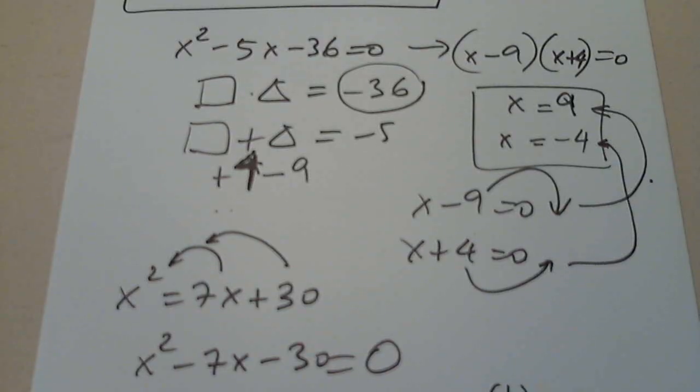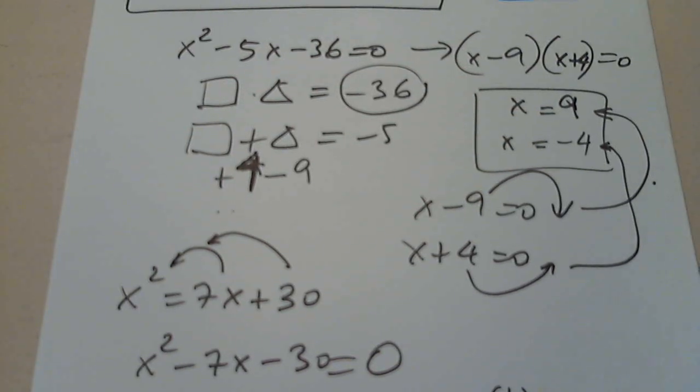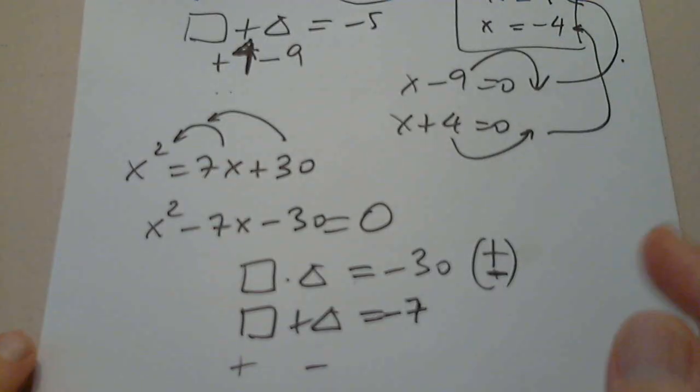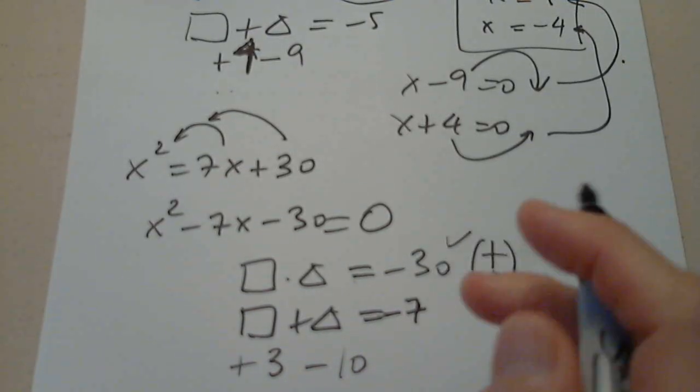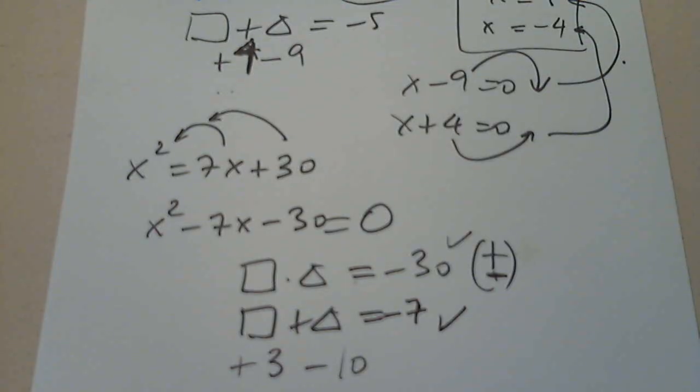A positive and a negative. So what do we have? Negative 10 and 3. The product is negative 30 and the sum is negative 7.